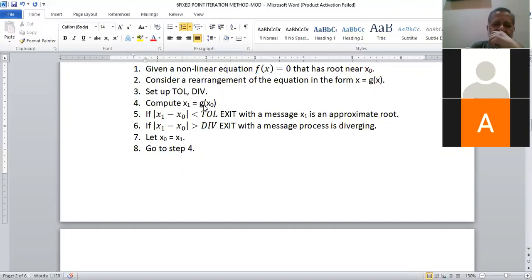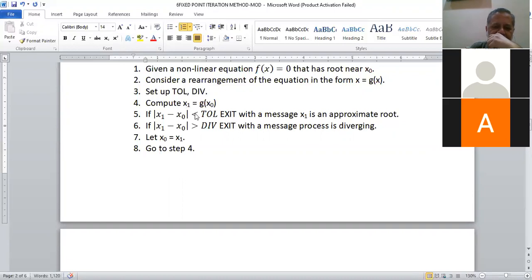G(x naught) calculated is named x1. If neither tolerance nor divergence is there, we relabel x1 as x naught and go to step 4 and calculate new x1.